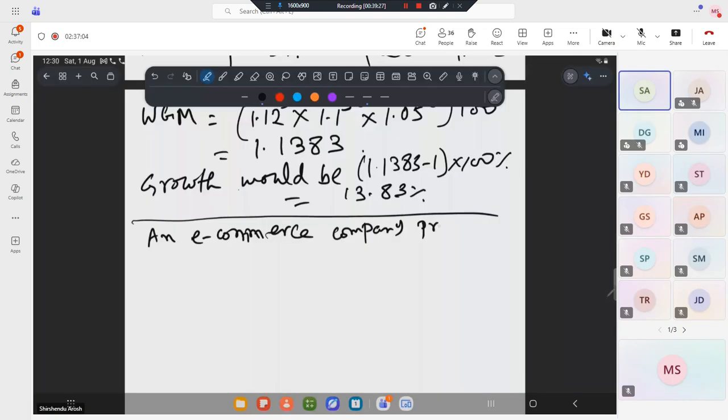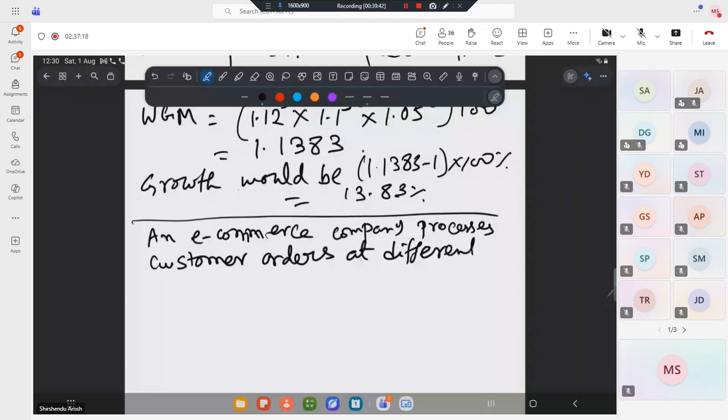Process customer orders at different rates during the day, right? So how do they do this?